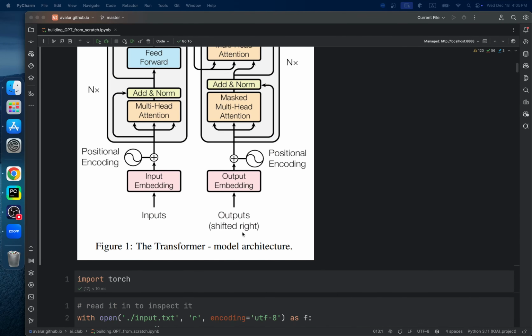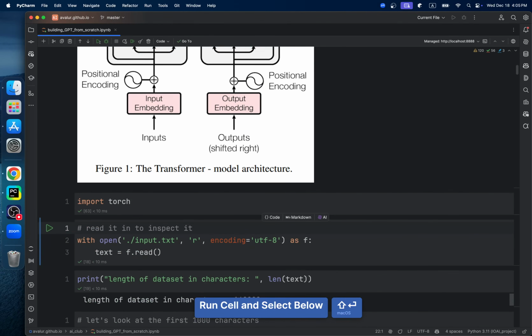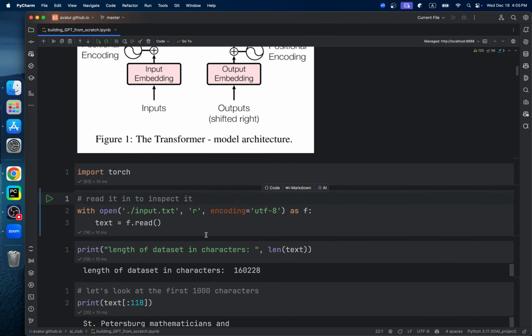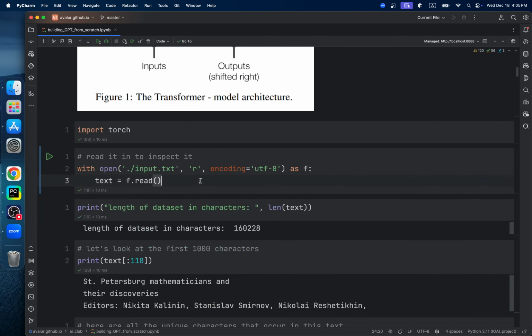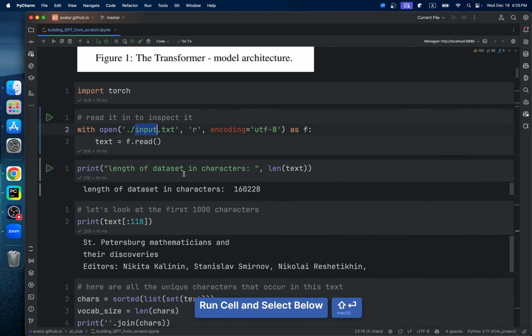Okay, and now we are importing Torch, of course, because we will implement everything in PyTorch. The first step is downloading the input txt file, which has the whole data set we want to use to train the model.